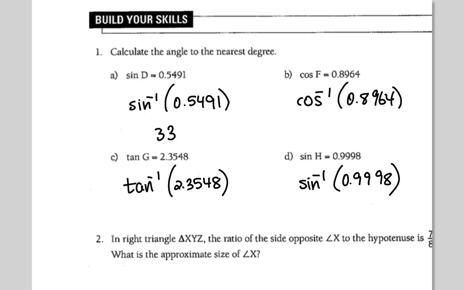This one was after rounding 33. Second function cos, 0.8964. This is 26. Second function tan, 2.3548. This is 67. And the last one, second function sine, 0.9998, is 89 degrees.